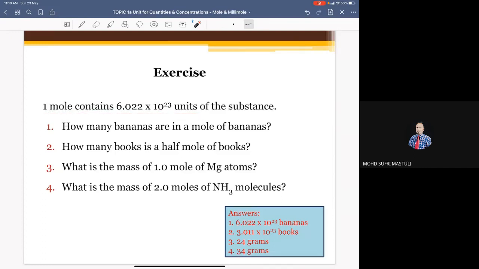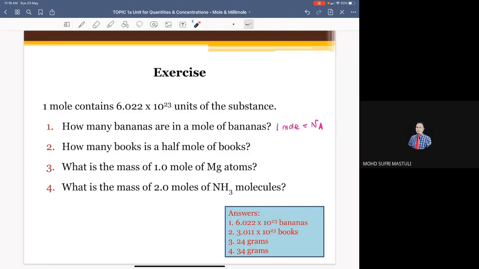So if the question asks how many bananas are in a mole of bananas, it's easy to answer. 1 mole is equivalent to the Avogadro number. This is why 1 mole of bananas contains about 6.022 times 10 to the power 23 bananas.